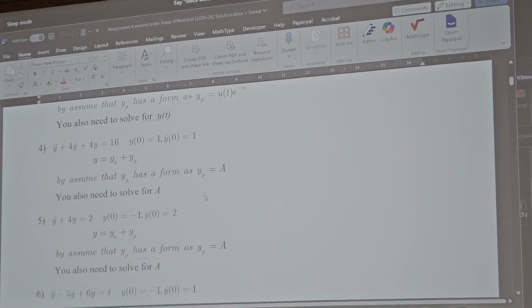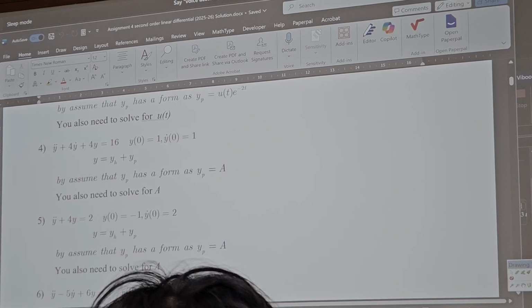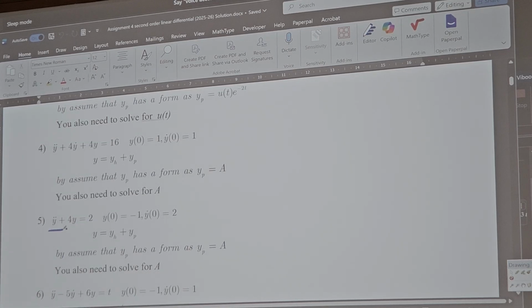Now for this one, we have lambda square plus 4 equal to 0, the characteristic equation.